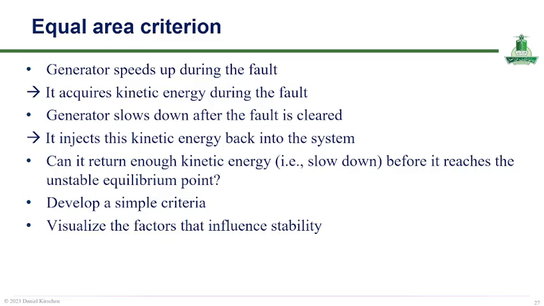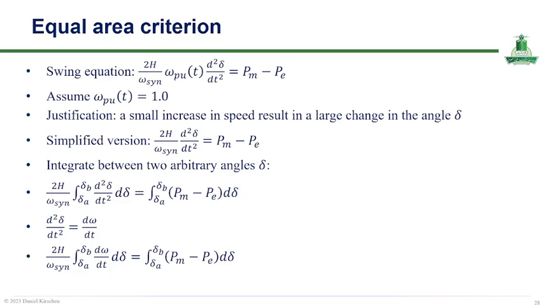The key question is whether it can shed enough kinetic energy before reaching the unstable equilibrium point or not. The equal area criterion provides a visual and analytical method to evaluate this by comparing accelerating and decelerating energy areas, helping to identify the main factors that influence system stability.